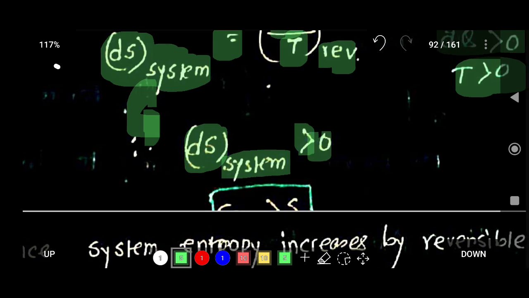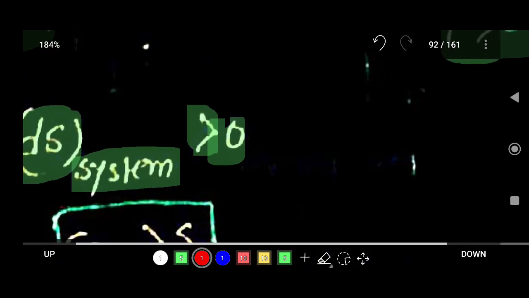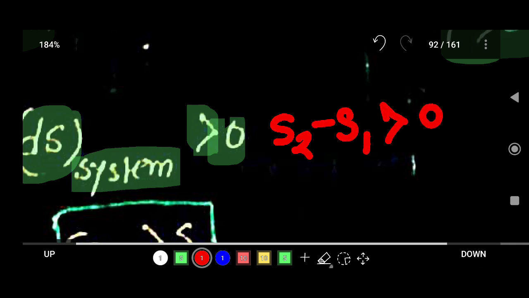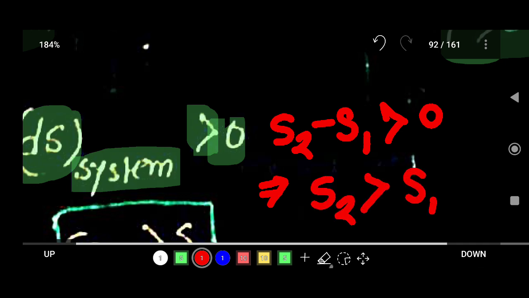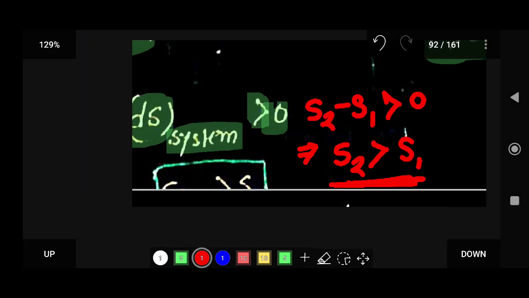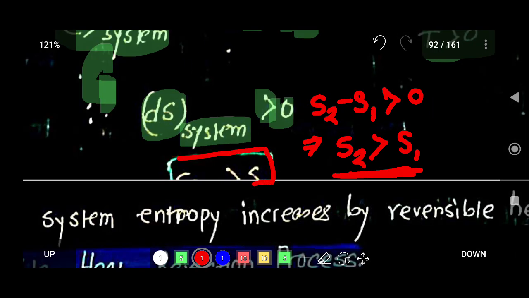That means dS equals S2 minus S1 is greater than 0, so S2 is greater than S1. The final entropy is greater than the initial entropy, which means entropy is increasing.